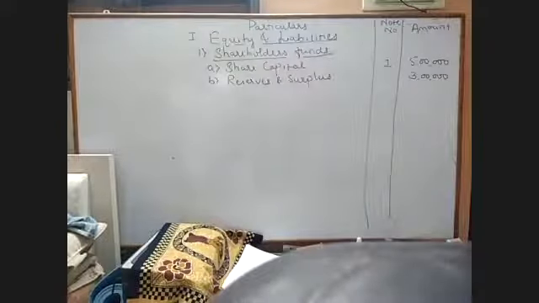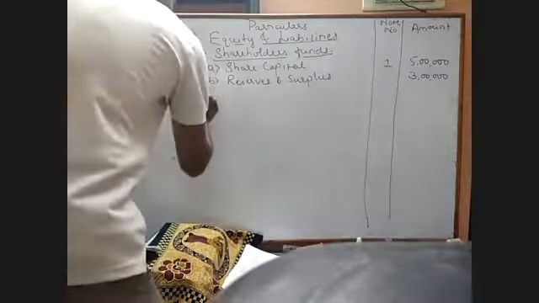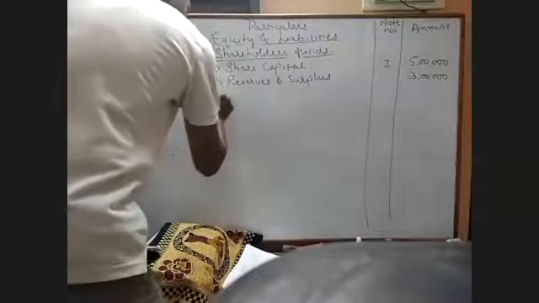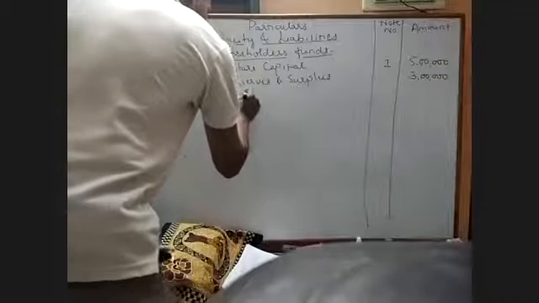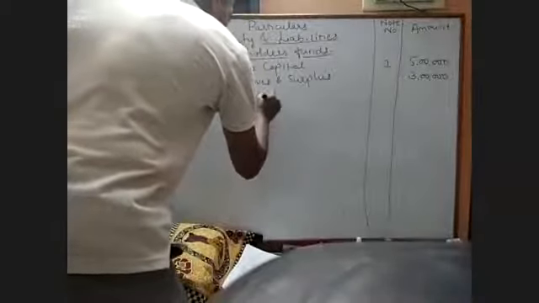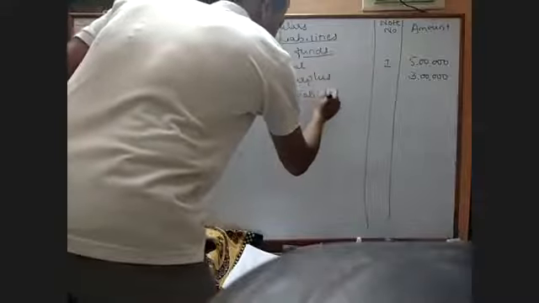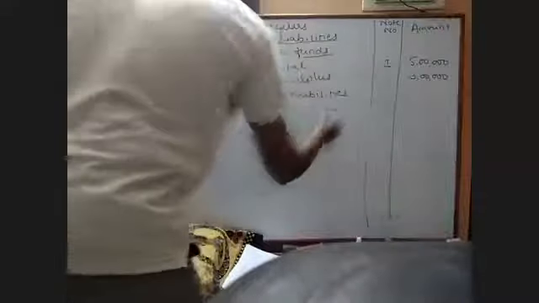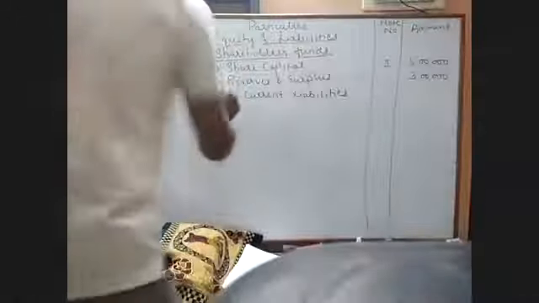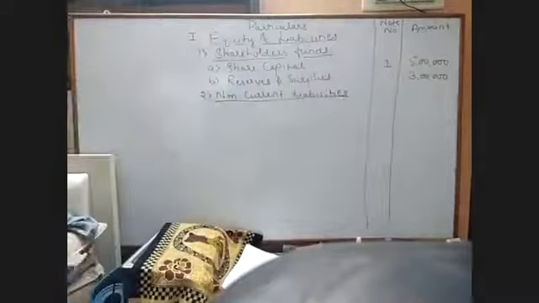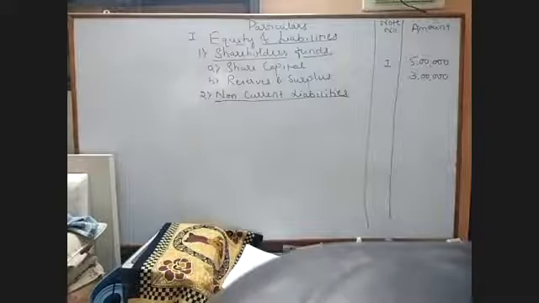Then next is number 2, non-current liabilities. Under the head non-current liabilities, usually we have long-term borrowings, but that is not given.